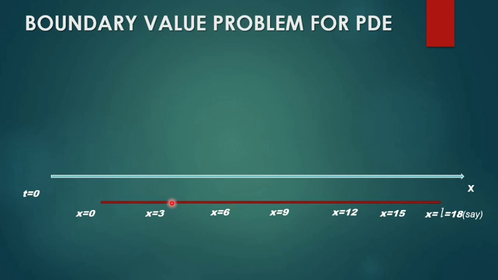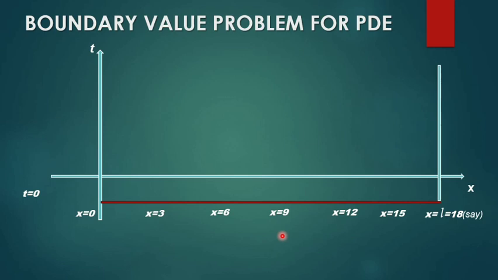Then as time varies along the vertical axis, it is possible for us to find the value of u at these interior points if we know the value of u at the two boundary values, that is at x equal to 0 and at x equal to L, for example 18.